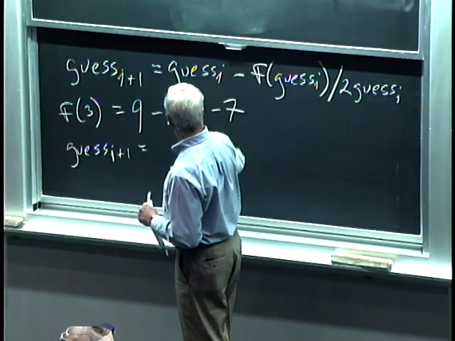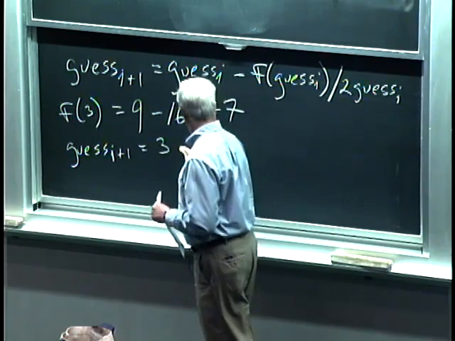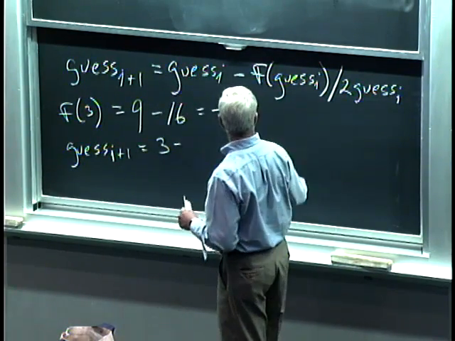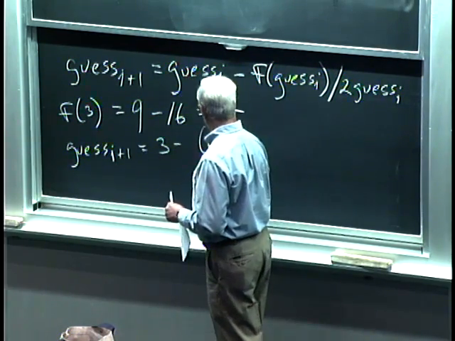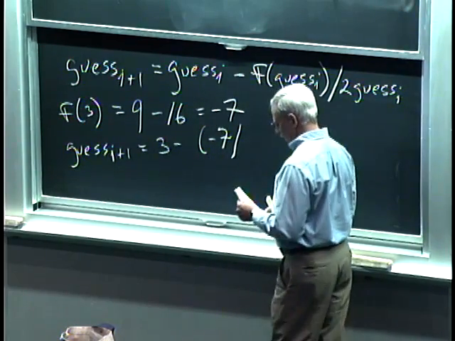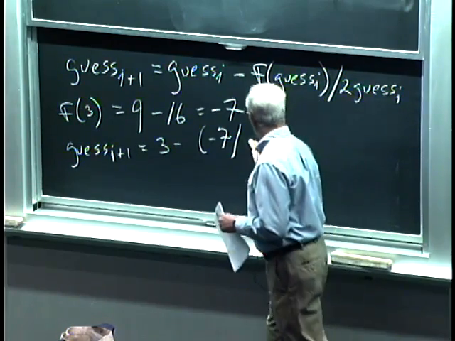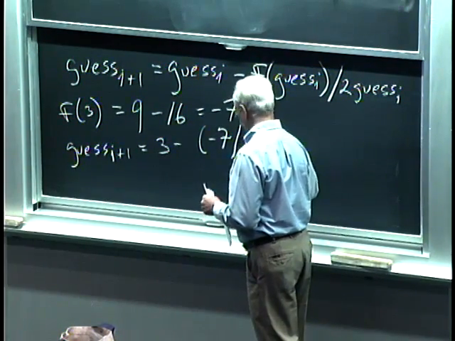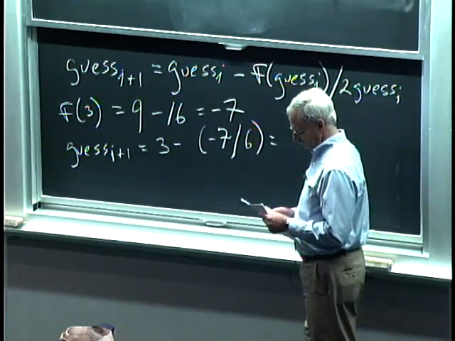Well, I start with my old guess, 3, minus f of my old guess, which is minus 7, divided by twice my old guess, which is 6, minus a minus.